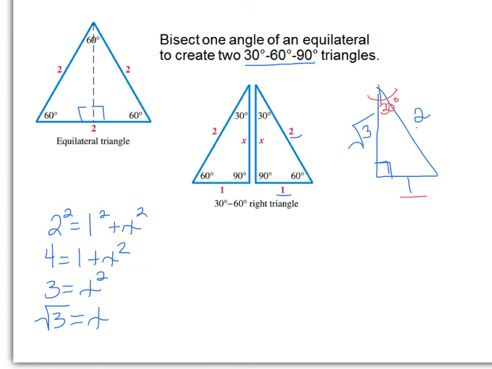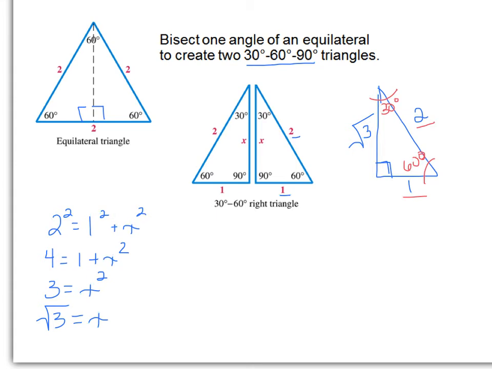The largest side is opposite the right angle. And then the one in the middle, the square root of 3, is opposite the 60-degree angle. That will always be true. The smallest angle will always be opposite the smallest side. The hypotenuse will always be opposite the right angle.